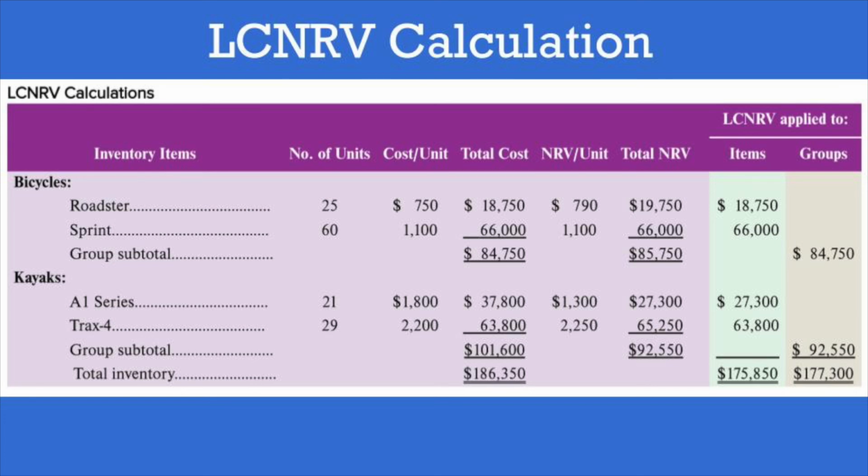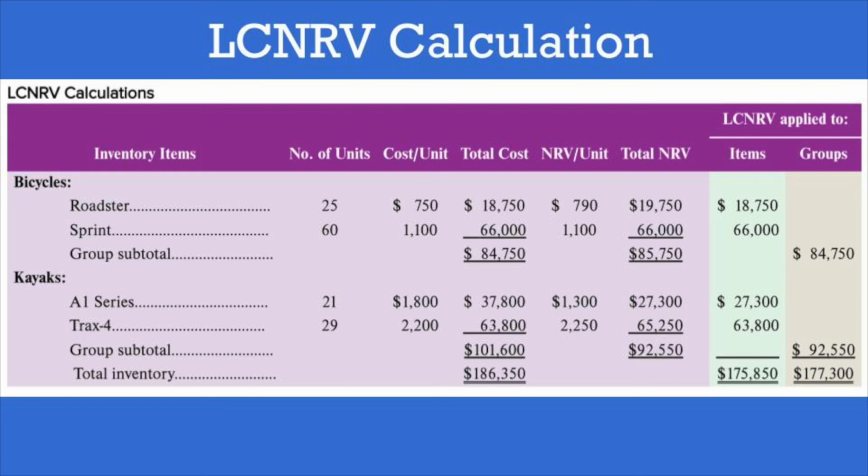So the lower of the two is the purchase price, which is $18,750. So that's what it gets recorded at. That's the item recording. The sprint bike, we bought them for $66,000. The net realizable value is $66,000, so they're going to get recorded on an item basis at $66,000.